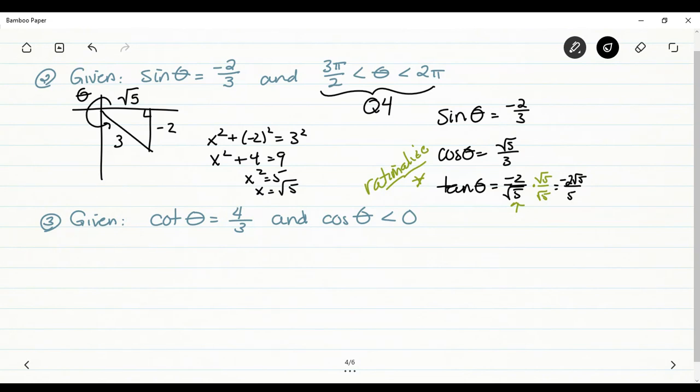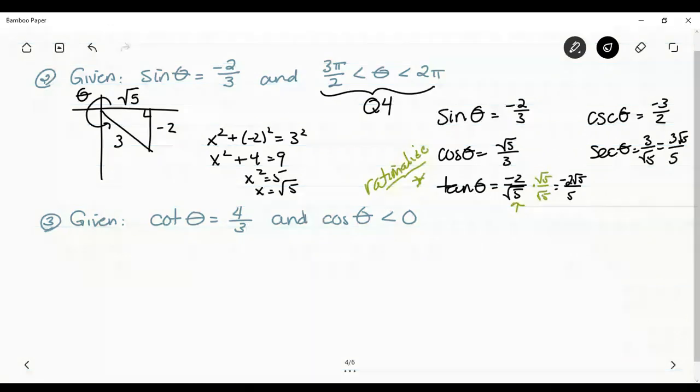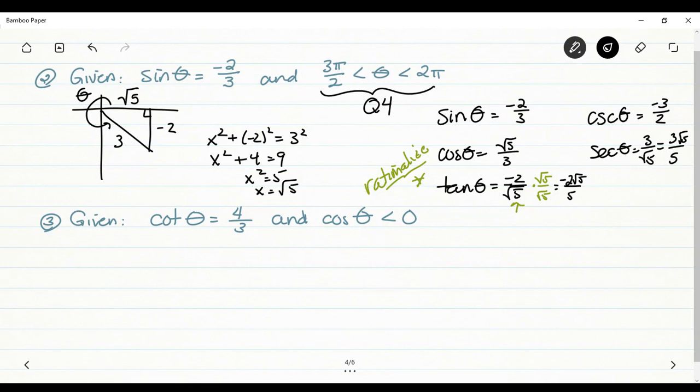Okay. To continue on with our reciprocals, cosecant theta, negative 3 over 2. Secant theta, again, 3 over root 5, just like we did for tangent, we are going to multiply by root 5, and we get 3 root 5 over 5 for secant. For cotangent, I'm going to go back to the original ratio of tangent.